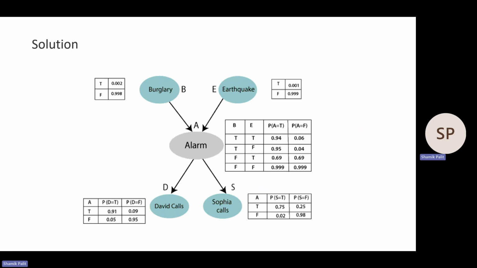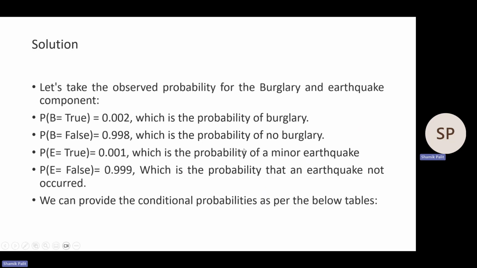So this is how, in a very explicit way, we can represent any specific real world scenario using Bayesian belief network. And this is giving us a very clear picture. And ultimately, we start finding out the probability with the following format.